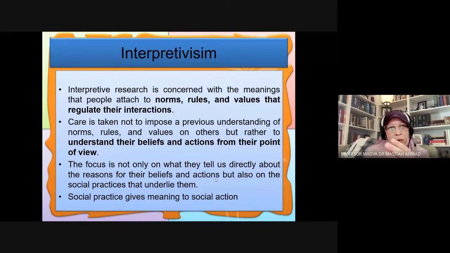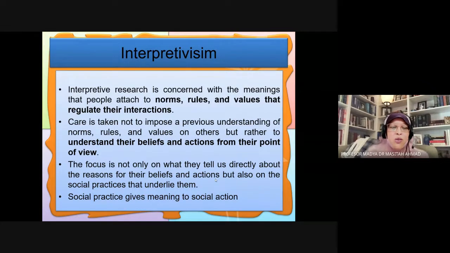But when we talk about people from western countries, their norms are different, their rules are different, and the values that they have are also different. So maybe now we try to come out with our research focusing on the Malaysian environment. Malaysian people are different, they have different rules and values.